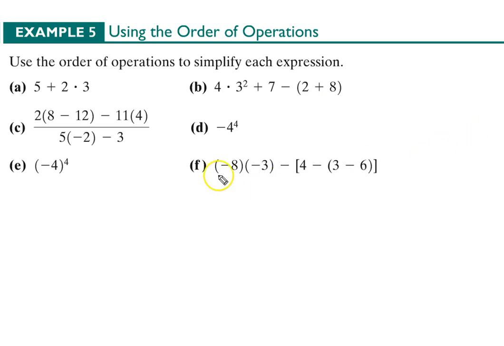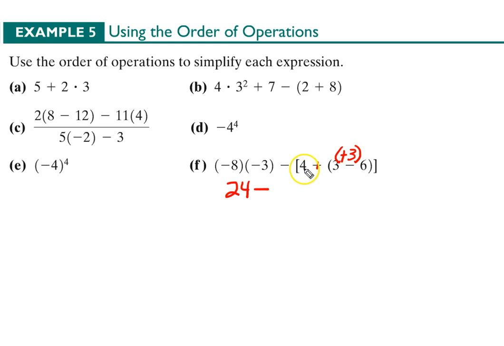So, what do we do first? Well, we can do this multiplication, although we should do that first, but this is okay. So this is going to be a positive 24. Negative times negative. Now we have a negative. Now, inside this parenthesis, we end up with a negative 3 here, and the opposite of a negative 3 makes this a positive.